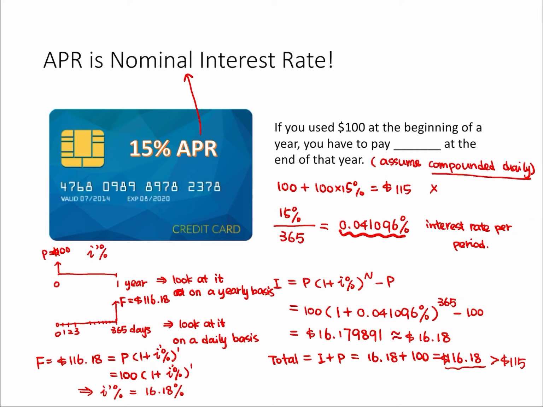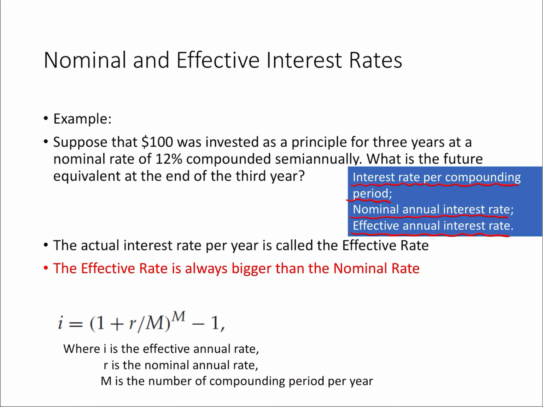And as you can see, the way you calculate the effective annual interest rate is really complicated if you do this calculation. So there is a formula to use. And that formula is i equals (1 plus r over m) to the power of m, minus 1. And here, the i is the effective annual interest rate. Okay, it's just to look at this cash flow still on a yearly basis.